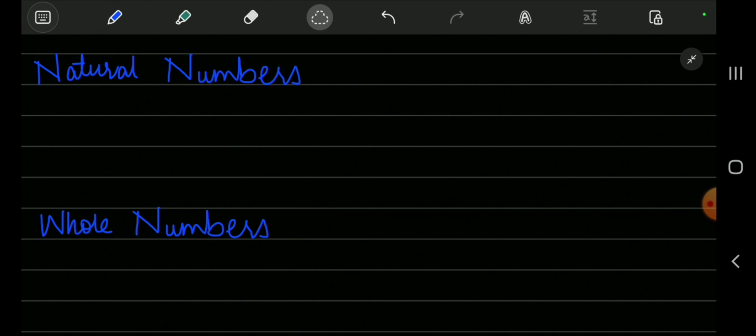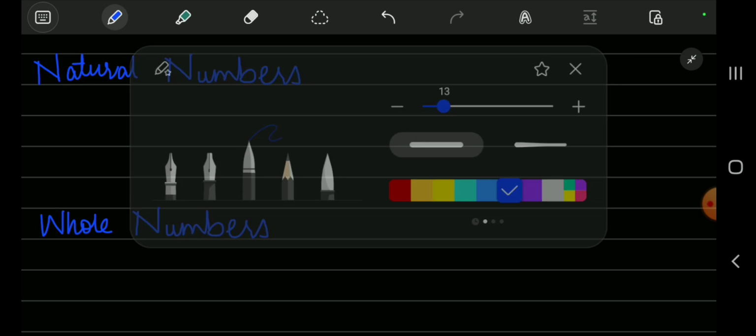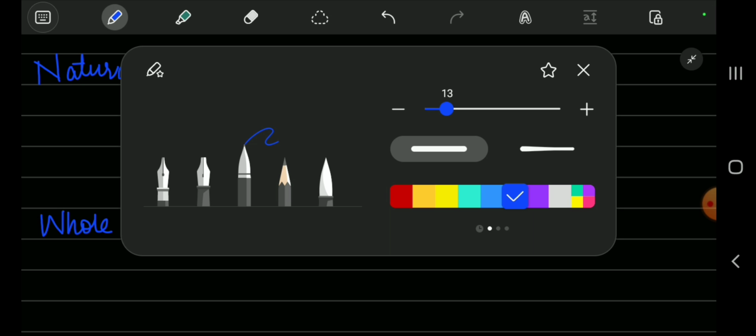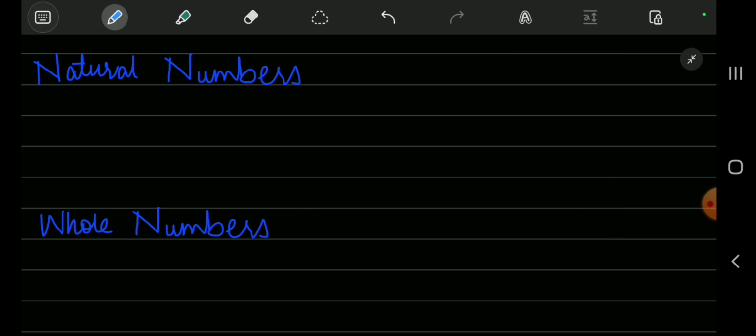So first one is natural numbers. Although this is not very much relevant, I still want to address this because this is the basic part of the number system. So what are natural numbers?